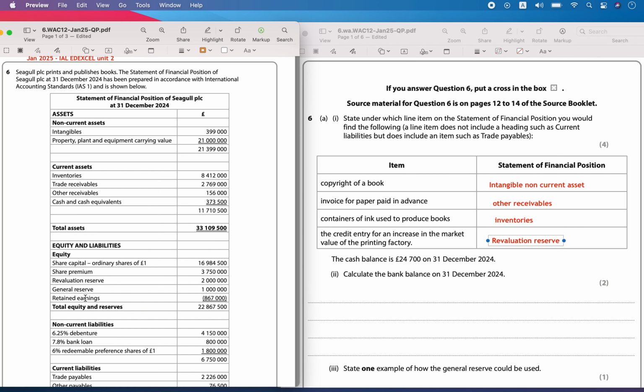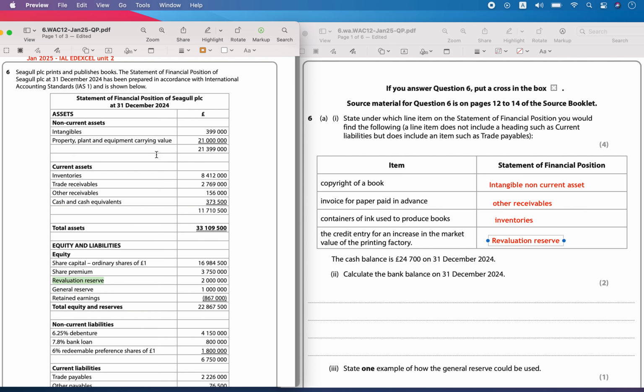Retained earnings is the profit that's left over before paying any dividends to the shareholders. So retained earnings is profit that is not distributed to the shareholders. From the general reserves I can issue bonus shares, and I can also transfer it to other reserves.